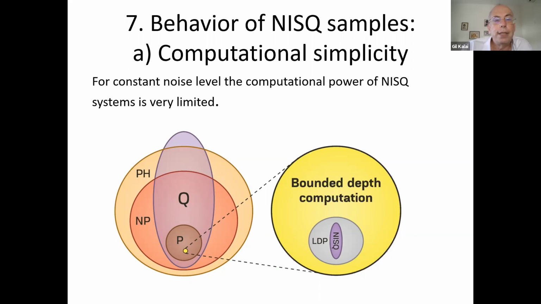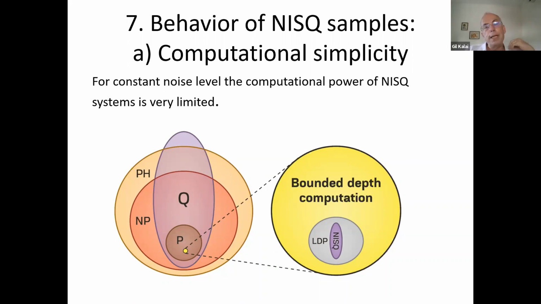As you know, P is strictly contained, as far as we believe, in a much larger class called NP, non-deterministic polynomial time, and whether NP is equal to P is one of the important questions in mathematics. And NP is contained in a larger and larger hierarchy of computational classes, the union of which is called the polynomial hierarchy.